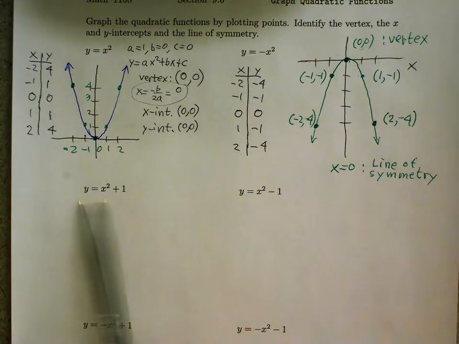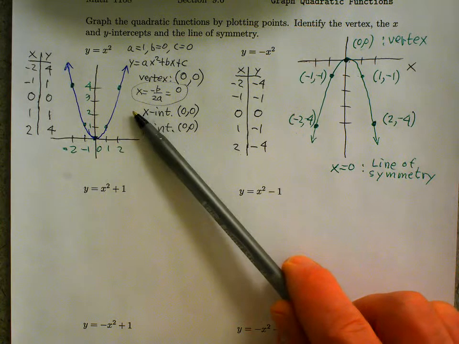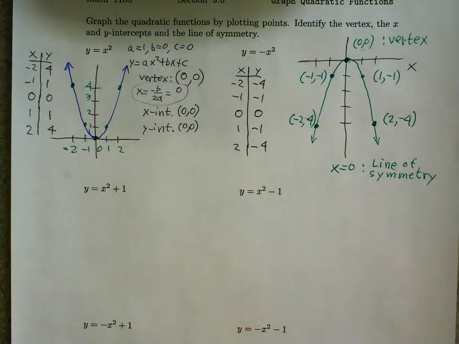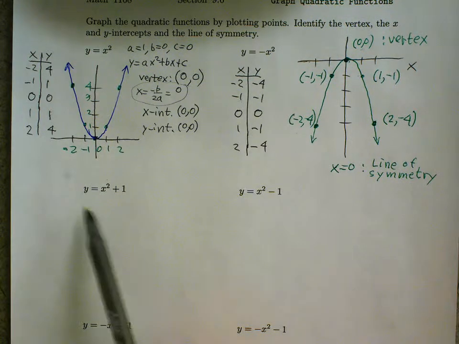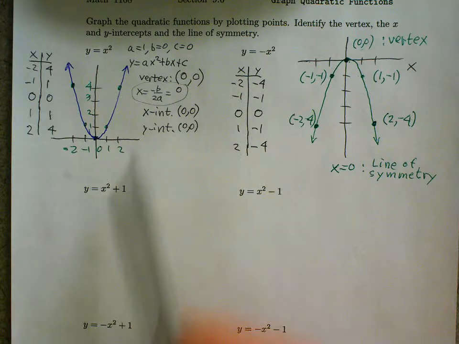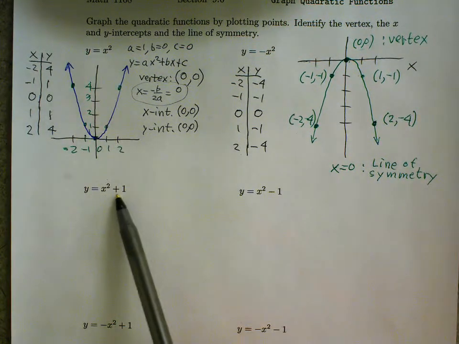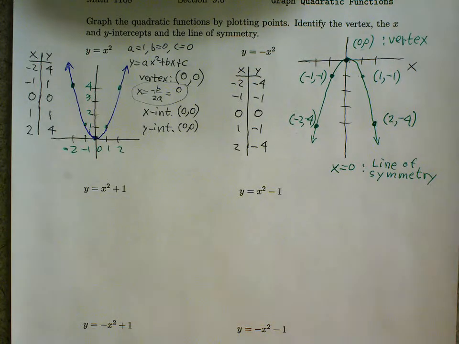The equation itself tells us what the graph of y equals x squared plus 1 is relative to the graph of y equals x squared. So if we took all of the y coordinates from y equals x squared and then added 1 to those y coordinates, what's the graphical effect?